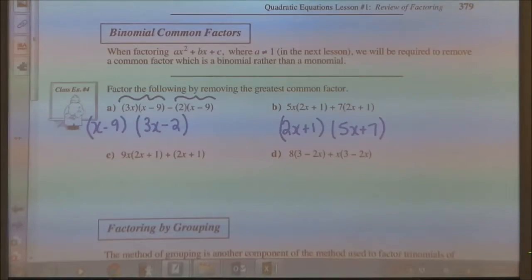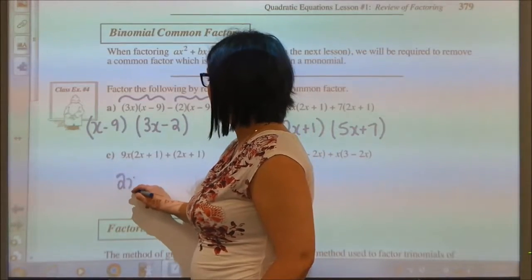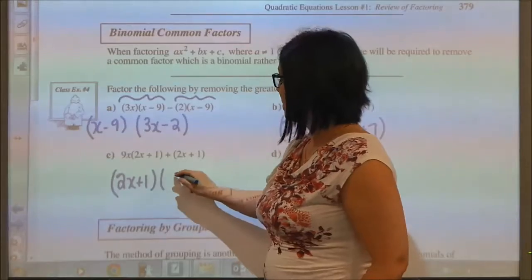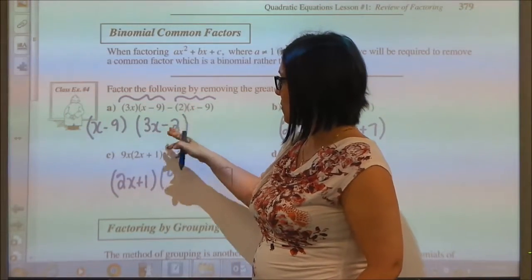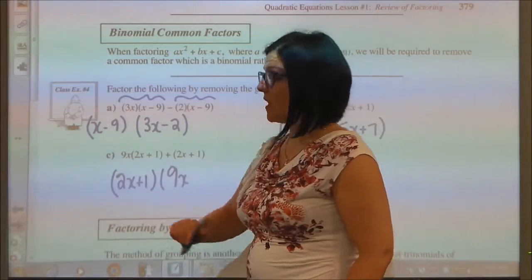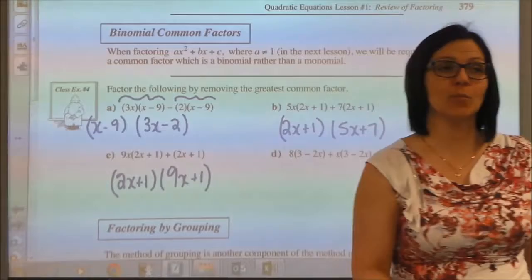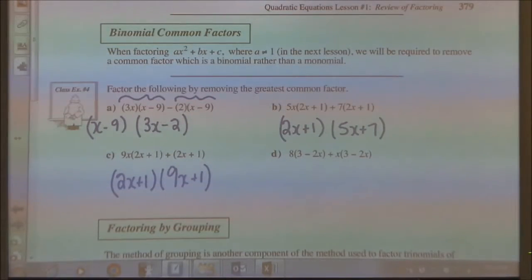So if I look at C, 2x plus 1 is common to each. When I divide, I'm left with a 9x in the first term. And in the second term, remember what I said up here, 2x plus 1 divided by 2x plus 1 is 1. So I have to put that plus 1. It's important. If I don't put the plus 1 in there, I'm changing the value of this expression.